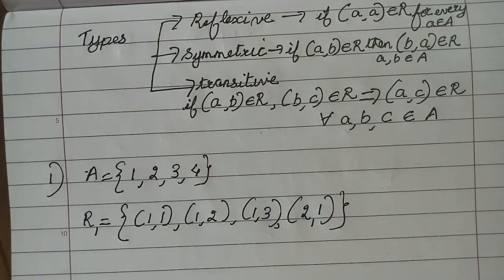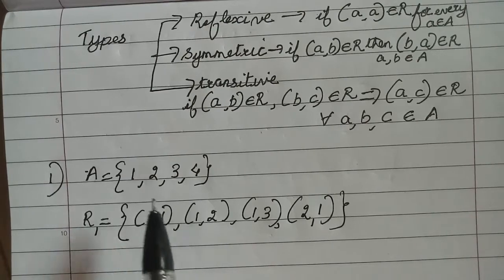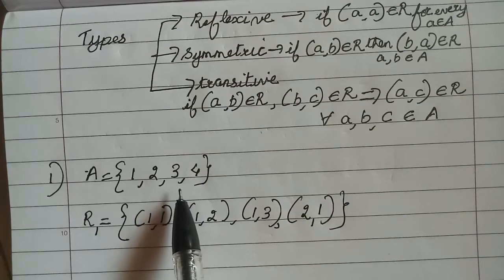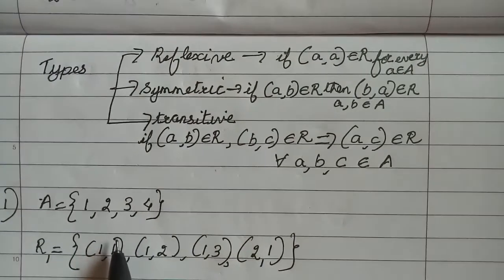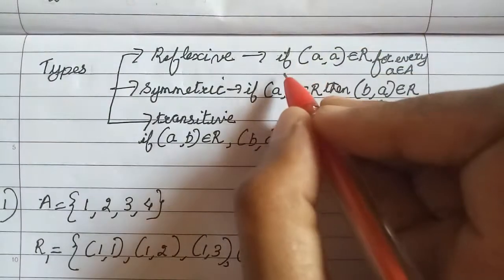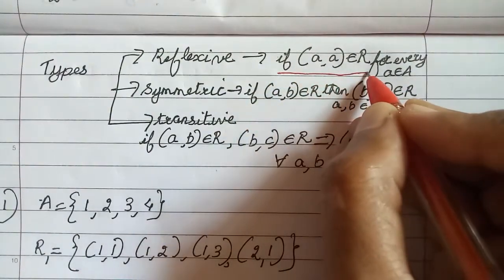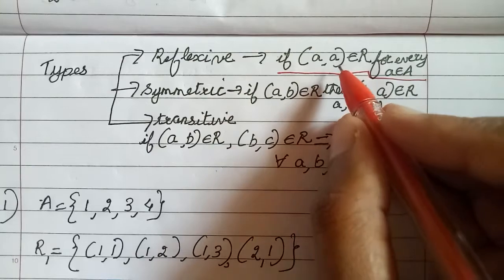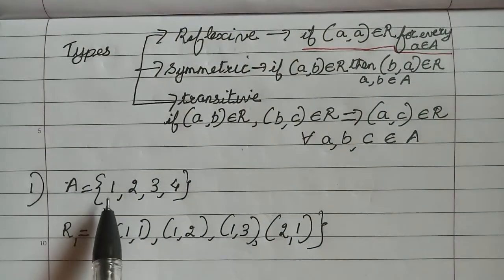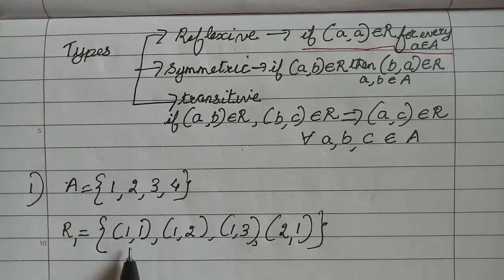Now children, if I am taking any element from A, what does it say? I should have elements of the type (A,A). This is the definition of reflexive: you take any A from the set, you should have (A,A) in R. So if I take 1, (1,1) should be there, and (1,1) is there.